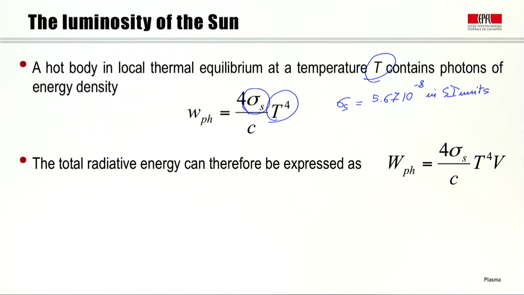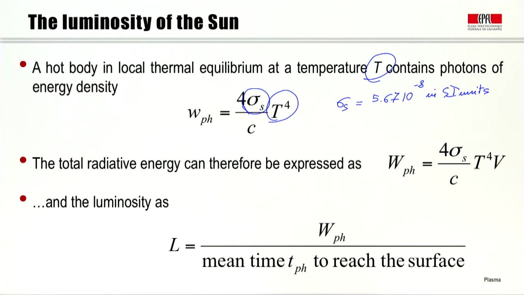Knowing the total volume of our body, we can compute the total radiative energy, which can therefore be expressed in the following way. Knowing the total radiative energy of the Sun, we can compute the luminosity simply by dividing the total radiative energy by the mean time t photon that a photon will take to reach the surface of the Sun.